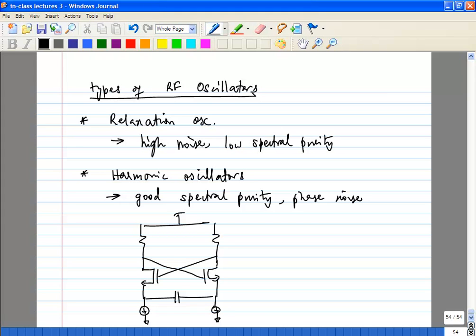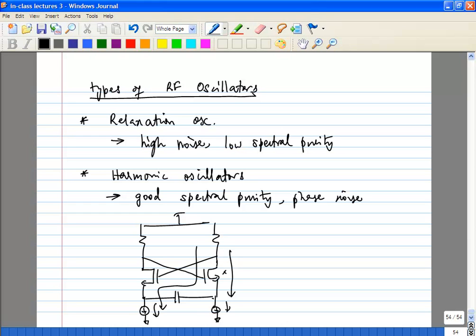So this current keeps switching between the two sides. At any time, because of the positive feedback, one of these two sides will be on, the other side is turned off. These two are obviously current sources. Let's say this one is on, so you have current flowing like this and you have current flowing like this.